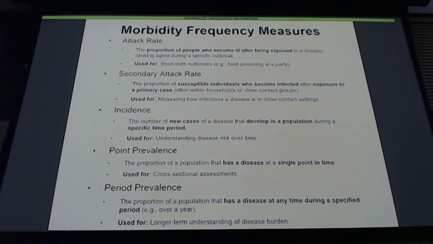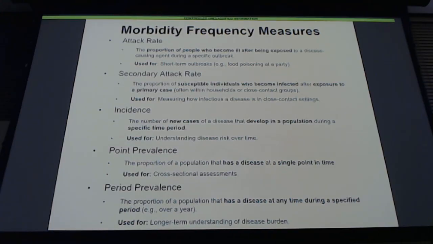So attack rate is a proportion of people who become ill after being exposed. Okay. Your secondary attack rate is the proportion of susceptible individuals who become infected after exposure to the primary cause. So remember, secondary is always after the fact.